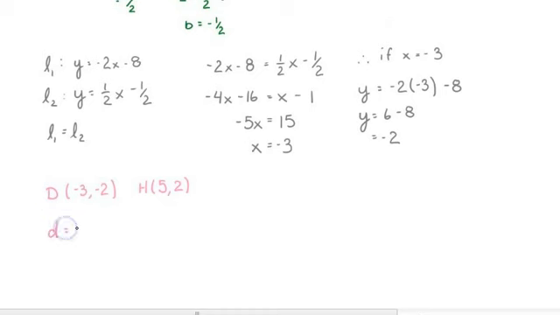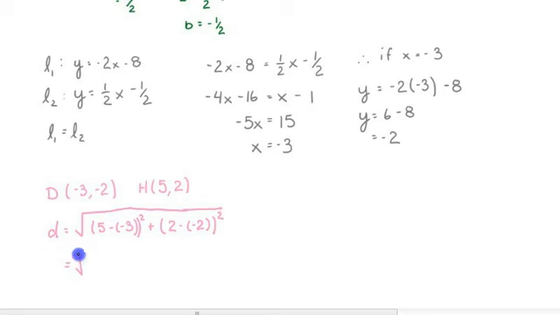So D is equal to the square root of, and then I'm going to take the x component, so 5 minus minus 3 all squared, plus the y components, so 2 minus minus 2 all squared.